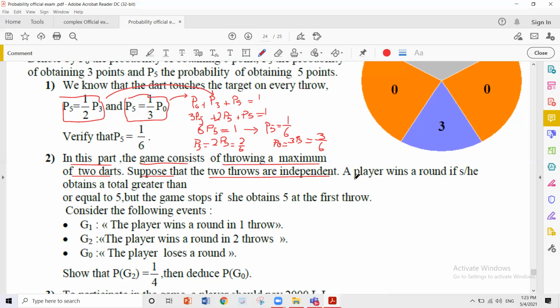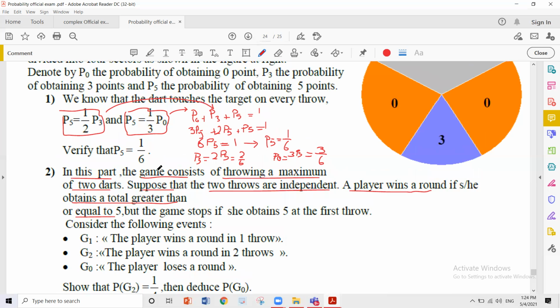A player wins a round if he or she obtains a total greater than or equal to 5. But the game stops if he or she obtains 5 at the first throw. So I will repeat to understand.